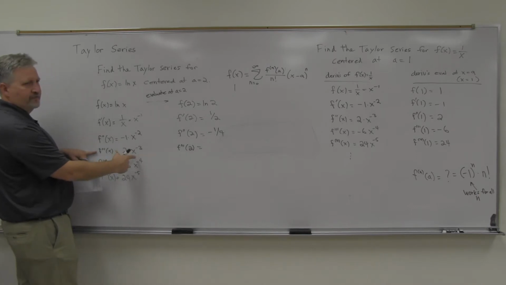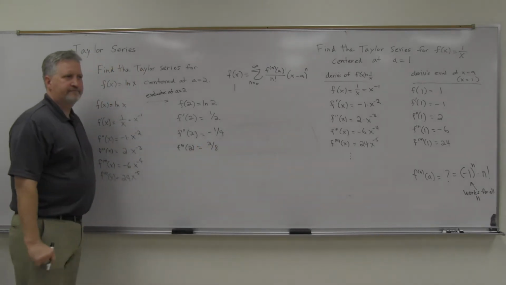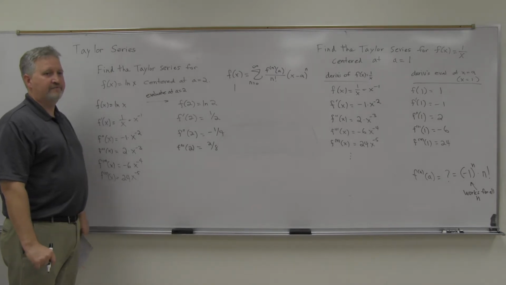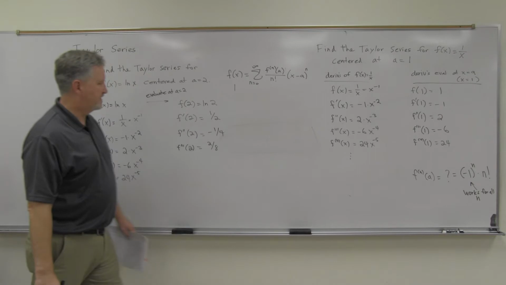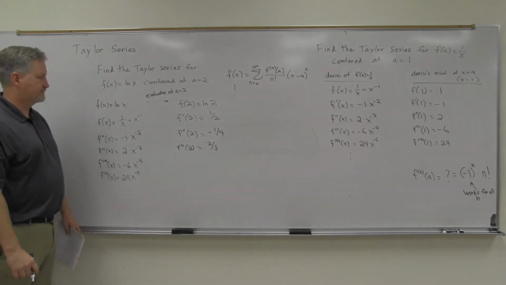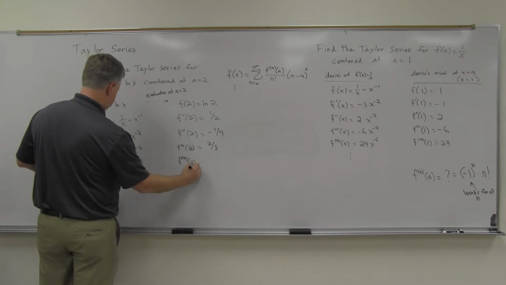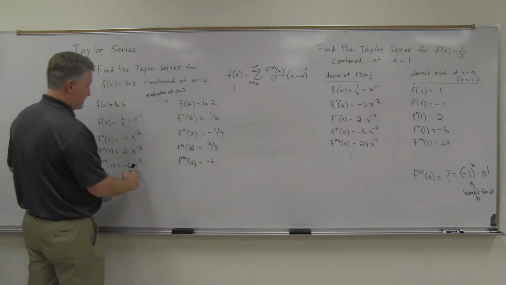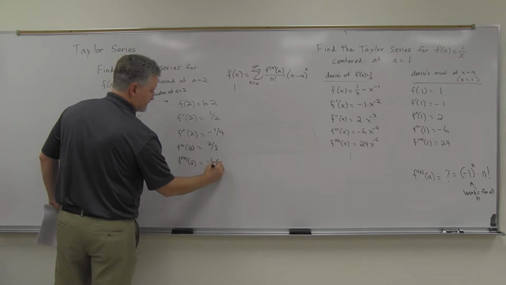It's 2 times 1/8, which reduces, but for purposes of getting the expression here, I would probably not reduce that. Fourth derivative at 2 would be negative 6, then 2 to the negative 4 would be 1/16, so it would be 6 over 16.